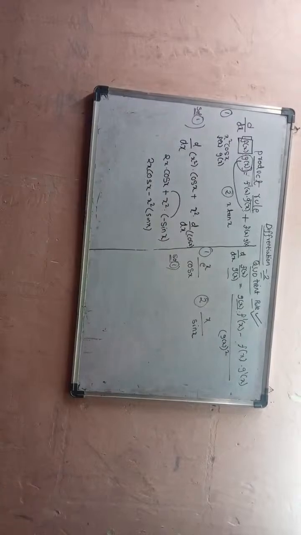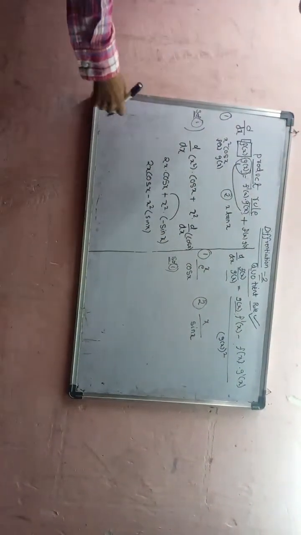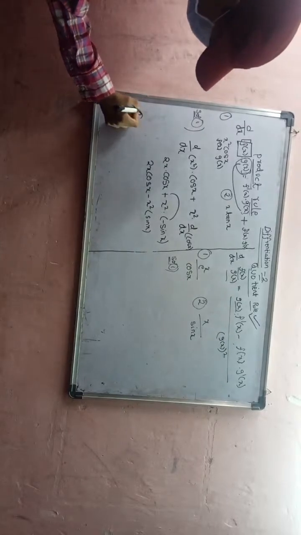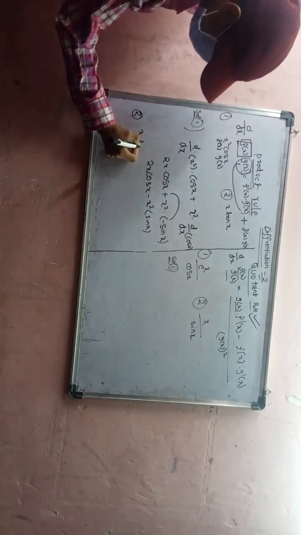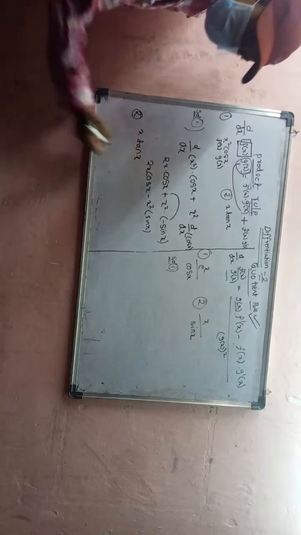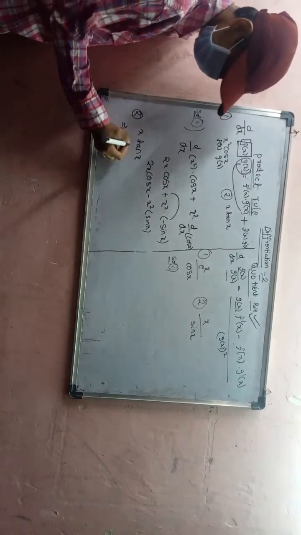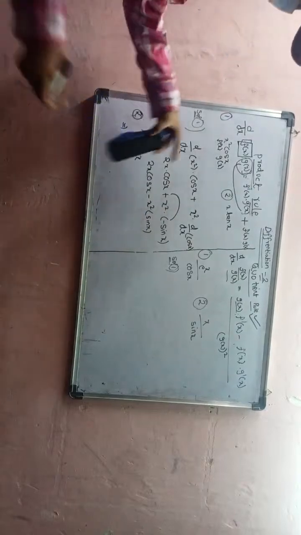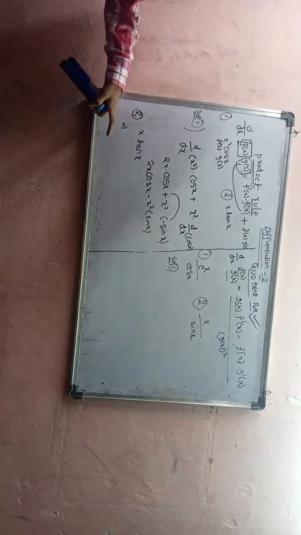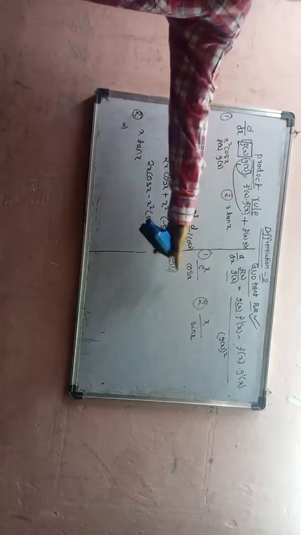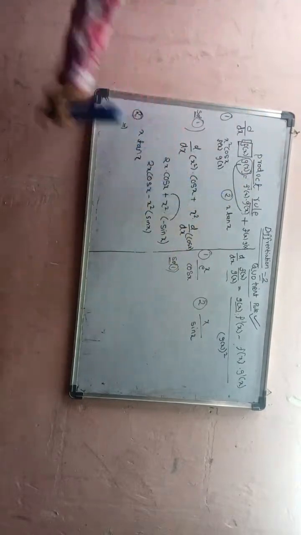Now see here, the next example, x tan x. How to do it? Can you see the board properly? The space here is small, so first I will explain this problem, then I will do it on rough, then explain. Now listen to this problem.